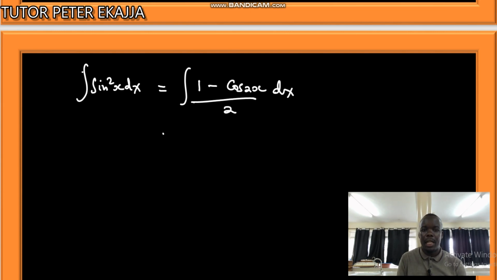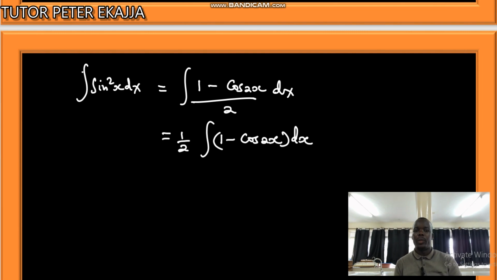This means a half is a constant. It can go out of the integral sign. So we shall be integrating 1 minus cos of 2x with respect to x. At the end of the day, you will have a half into brackets. Integrate 1 with respect to x, you will get x, minus integrate cos of 2x with respect to x.